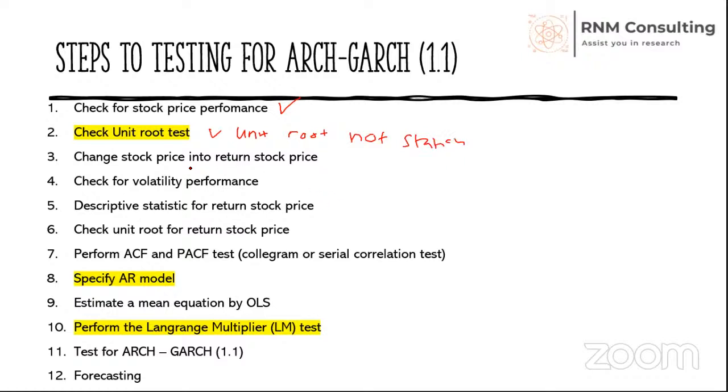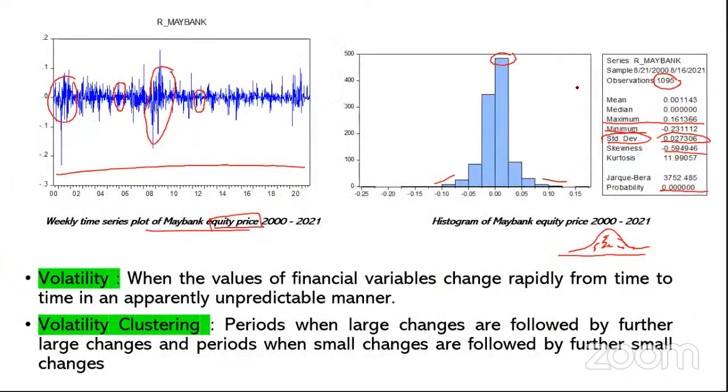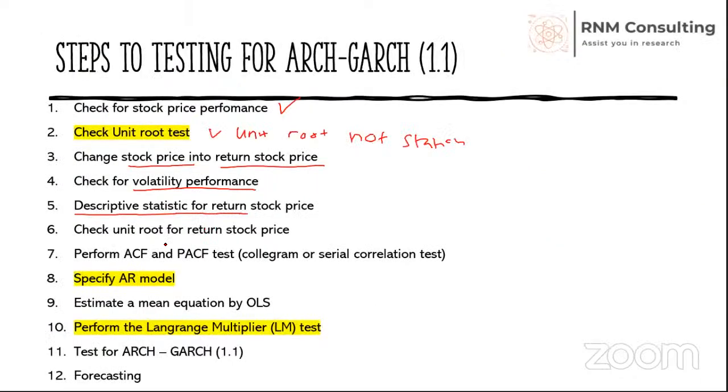We also have to change the stock price into the return of the stock price to know the volatility performance, the changes. After that, we make the descriptive statistics, just like this one, to know the condition of our volatility graph. We also check the unit root again: after the first difference, when we change to the stock return, it is usually already stationary, already stable.